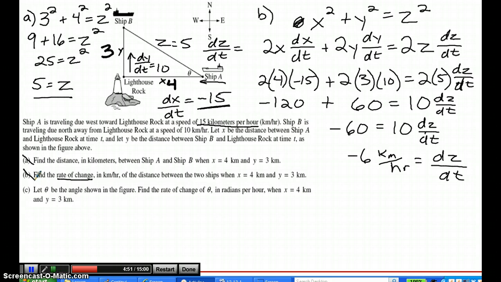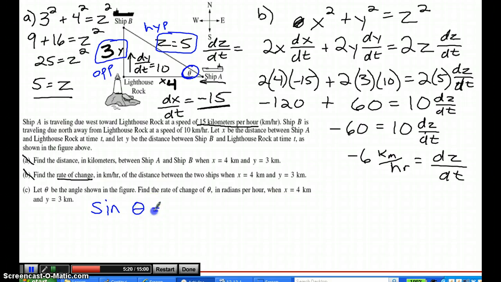If theta is here, it might be easier to use the opposite over the hypotenuse, I'm sorry, and use the sine function, because the derivative of sine is cosine, and that's a little easier to find. We don't have to deal with secants or anything like that. So the function we're going to use is sine of theta equals y over z.